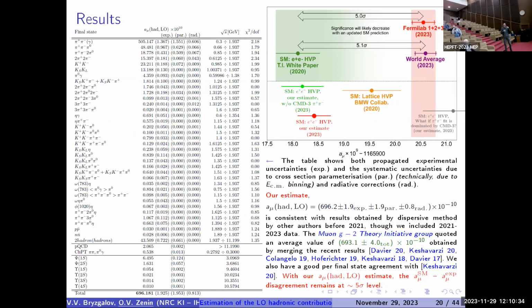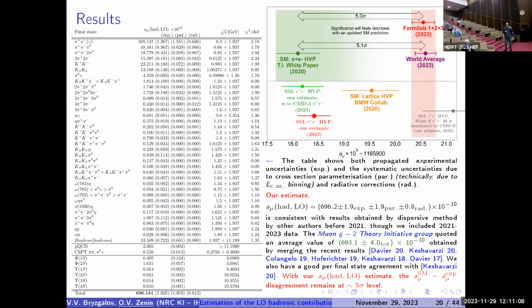Coming to our final result, this is the table just reproduced from the previous slide. Here's our value of the leading order hadronic contribution to g-2. As I mentioned, it's compatible with the world average, despite the fact that we included the newer CMD3 data, which are in tension with the others.